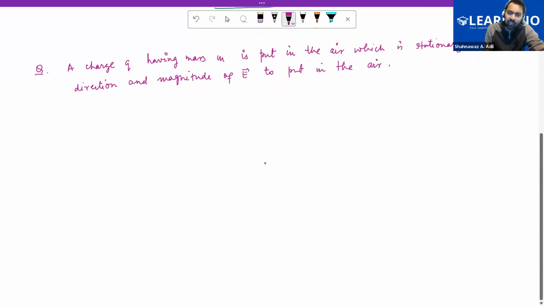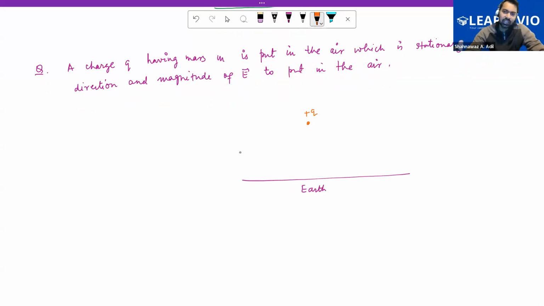So what do we have? We have this earth, right? So this is the surface, and we are putting a charge in the air. Let's say here, this is plus q charge, right? So if there is no electric field, what is the force that is acting on this thing? Gravitational force. So it will be attracted downwards, right?